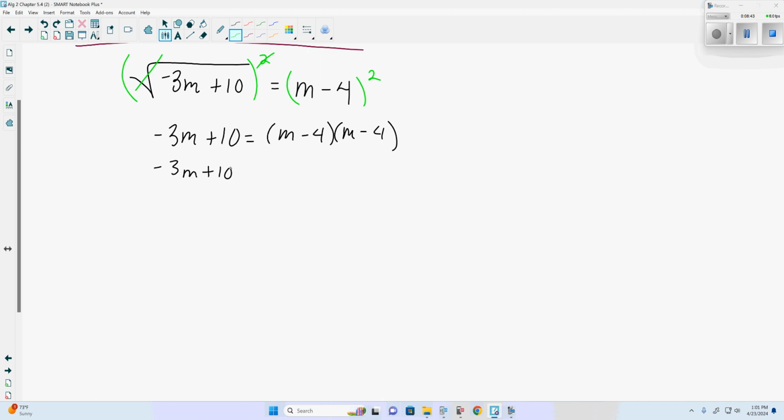But when we distribute, m times m would be m squared. M times negative 4 is negative 4m. Negative 4 times m, negative 4m. And negative 4 times negative 4 is plus 16. Now we can combine like terms, telling us that we have m squared minus 8m plus 16.